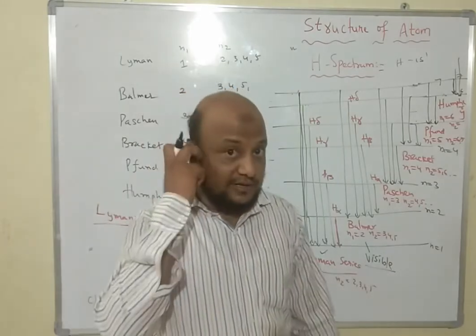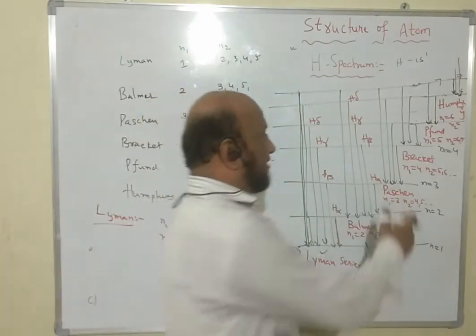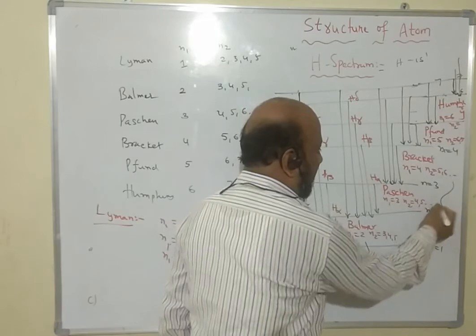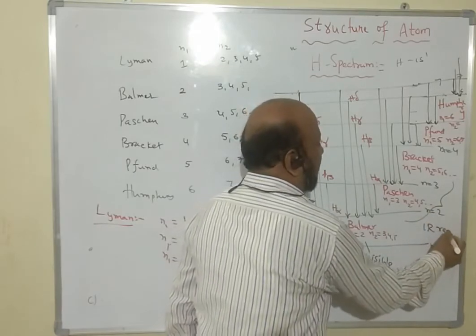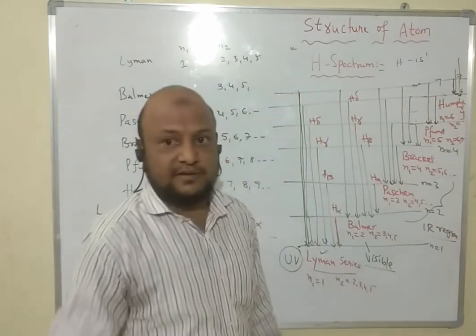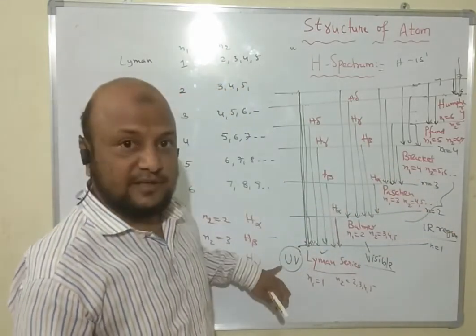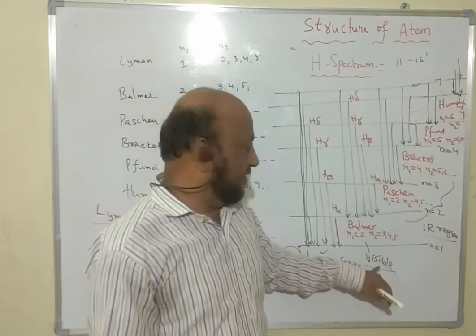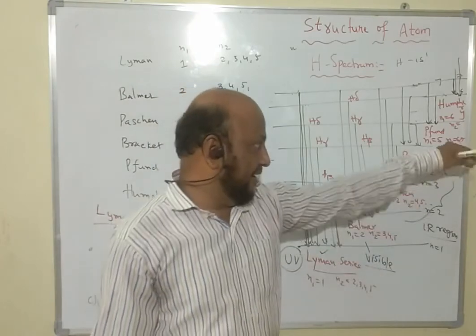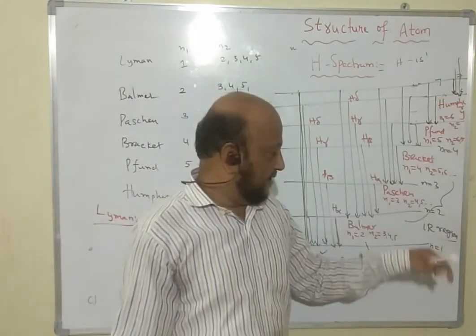Paschen, Brackett, Pfund and other series are observed in the IR region. So this question is also asked: Lyman series is observed in UV region, Balmer is observed in visible, and the remaining Paschen, Brackett, Pfund, Humphreys are observed in IR region.